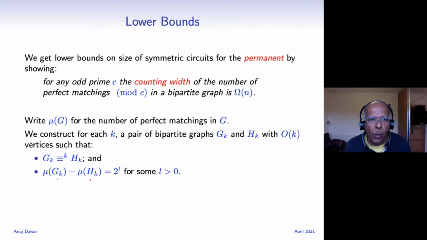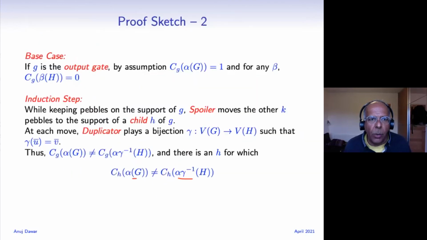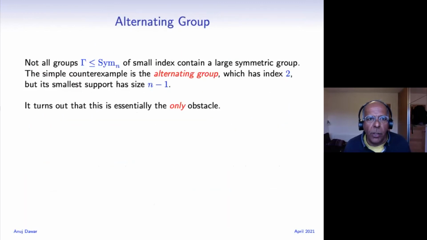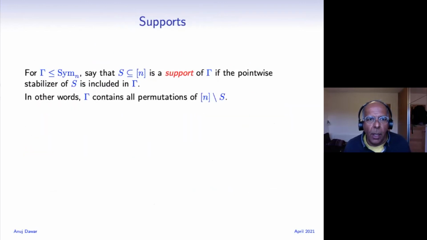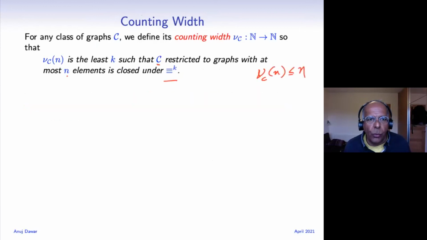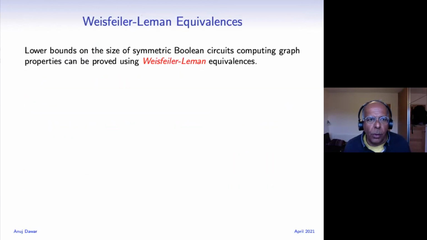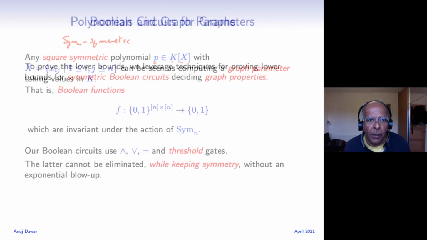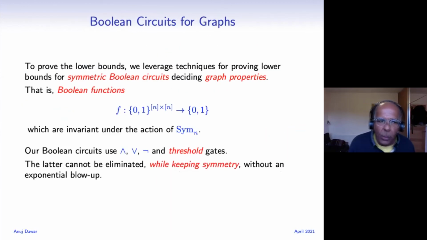Where did I introduce this? When I mentioned Boolean circuits, was it further back? Sorry, this is further back than I thought. Here we go. I mentioned we use and, or, and not. And I said you cannot eliminate threshold gates while keeping symmetry, which basically means any symmetric implementation of threshold gates by and, or, not must be exponential.